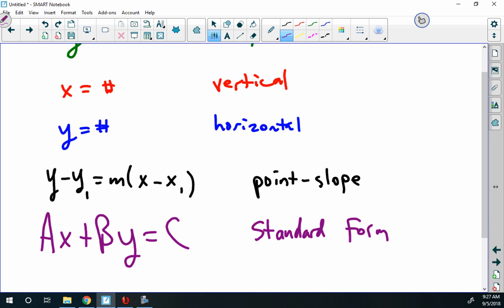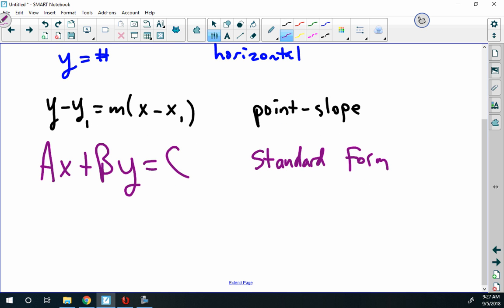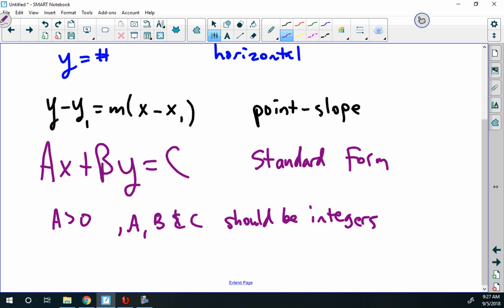A couple things about standard form, and then this is it. I know I said this is it. With standard form, A has to be positive. A, B, and C should be integers. Otherwise, you can have an infinite number of answers.